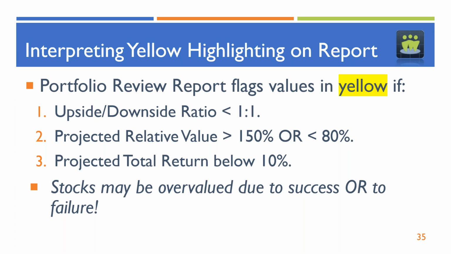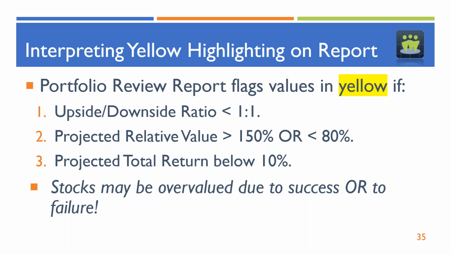And the projected total return below 10% is simply saying that if you want to build a portfolio that over time will outperform the market, if you load up on stocks that have total returns below 10%, it's unlikely that your portfolio will outperform the broader market. Especially as your projected total return gets close to 5 or 6%, right now you could be earning money in CDs, at that 5% rate perhaps, without much risk to it.